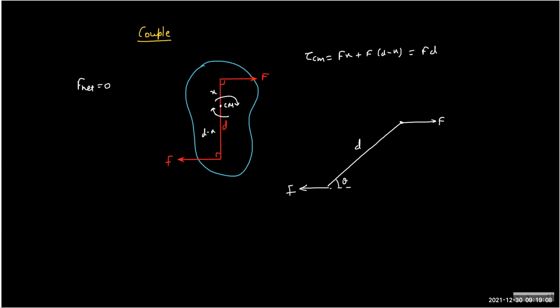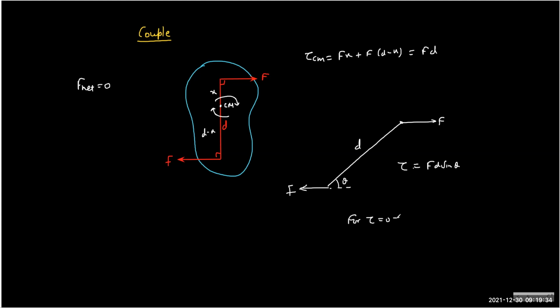So what is the couple force? What is the torque here? The torque is how much? FD sin theta. Now, what is the condition for torque to be zero? The torque will be zero only when D is zero.